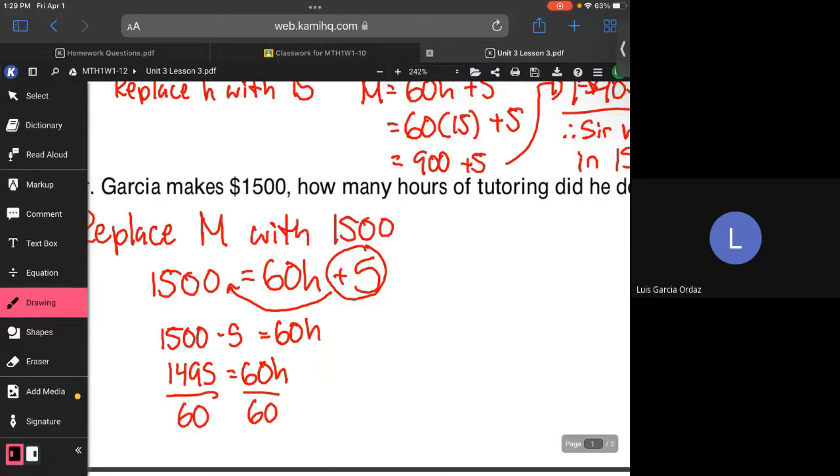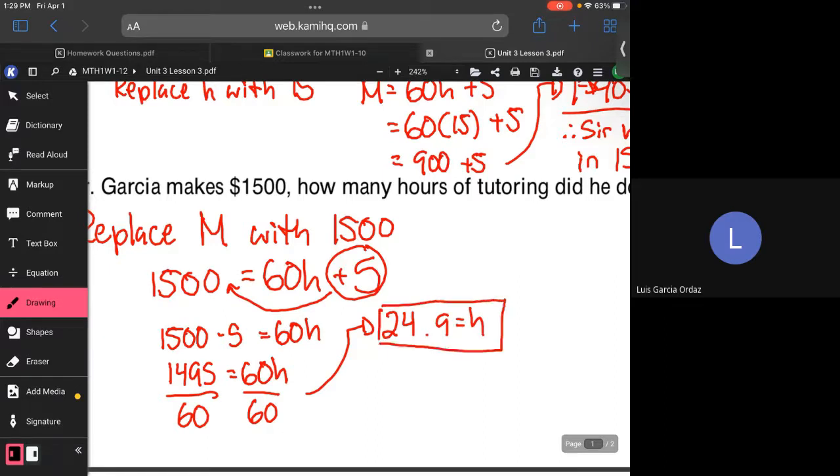So what is 1495 divided by 60 to one decimal place? The first decimal place you see. 24.9.